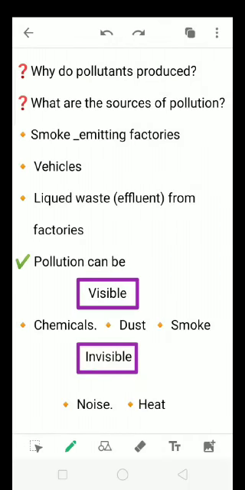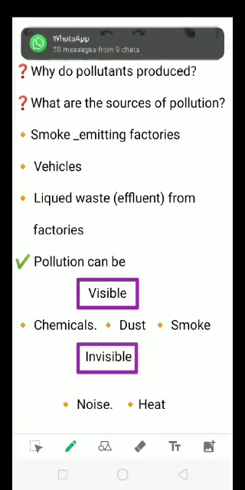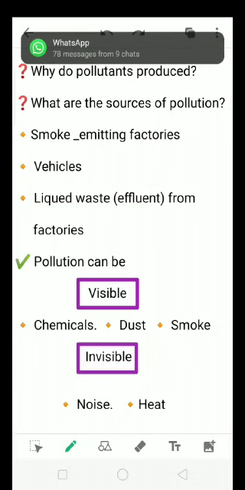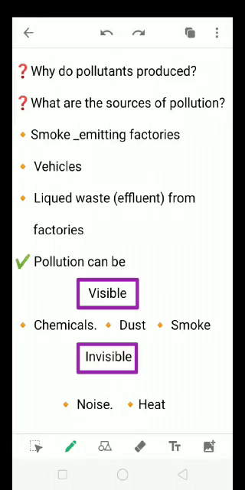So why are pollutants produced? Pollutants are an unavoidable result of the developments taking place all around us. Smoke-emitting factories, vehicles, and effluent from factories are all hazards of modern living.